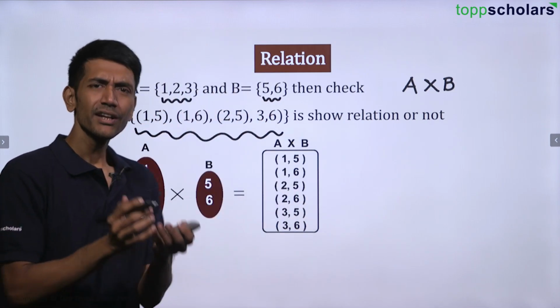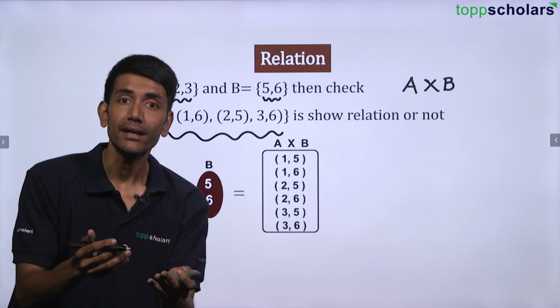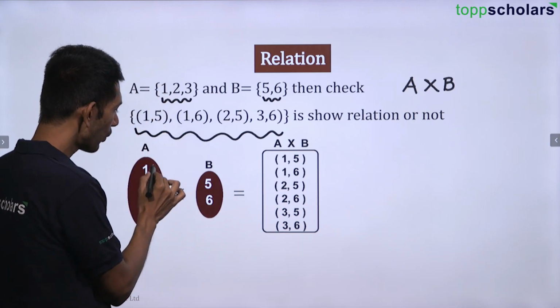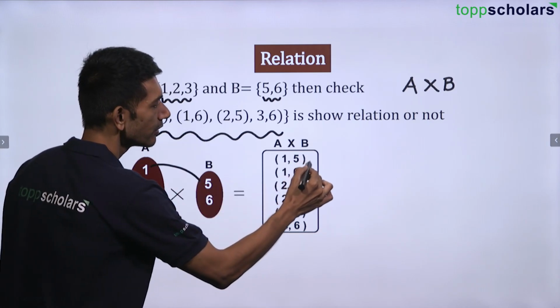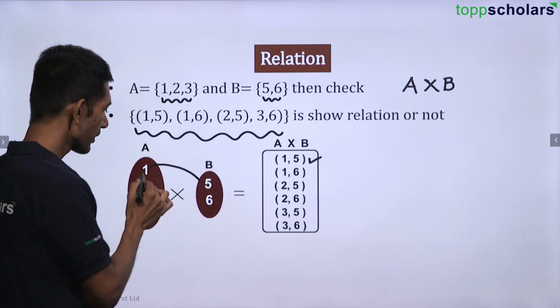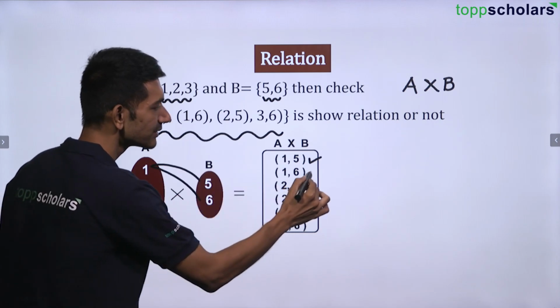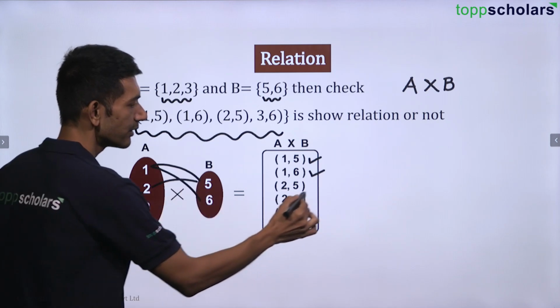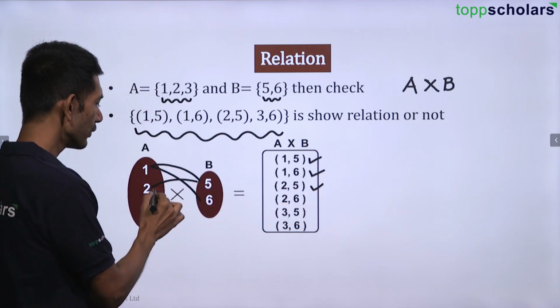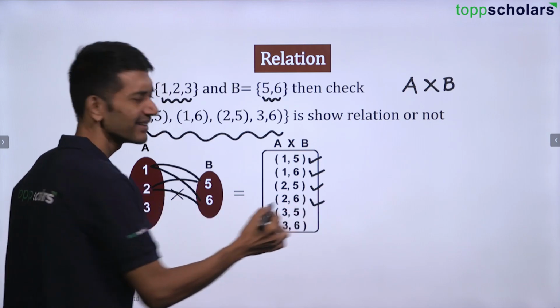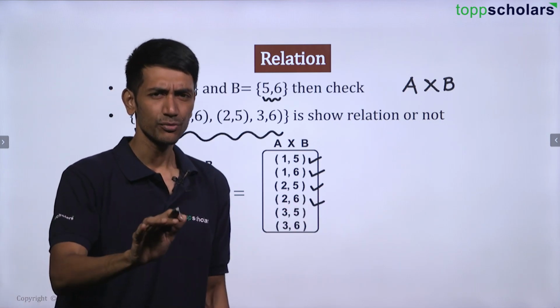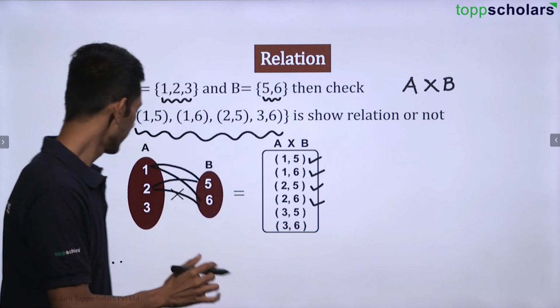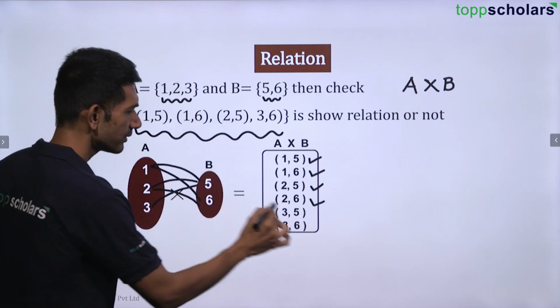So what we do is, we just take the ordered pairs. That is, we'll combine 1 with 5. So 1 comma 5. 1 with 6. 1 comma 6. 2 with 5. 2 comma 5. 2 with 6. 2 comma 6. I know you already know how to find out the Cartesian product. This is just a recap of it. So 3 comma 5.